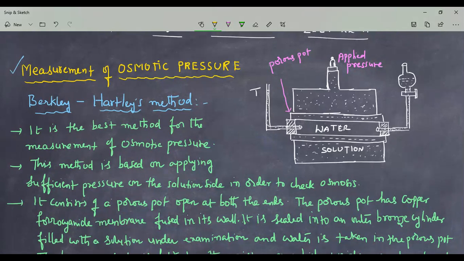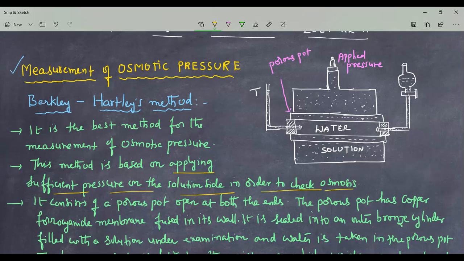And in this method, if you apply sufficient pressure on the solution, definitely we can find the osmotic pressure using this apparatus. That's why this method is said to be based on applying sufficient pressure on the solution side in order to check the osmosis.